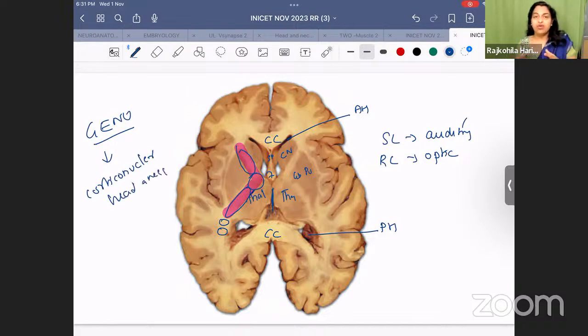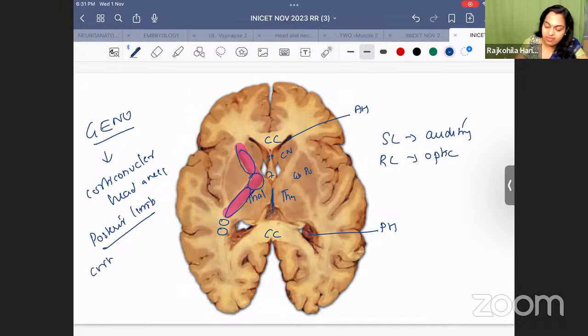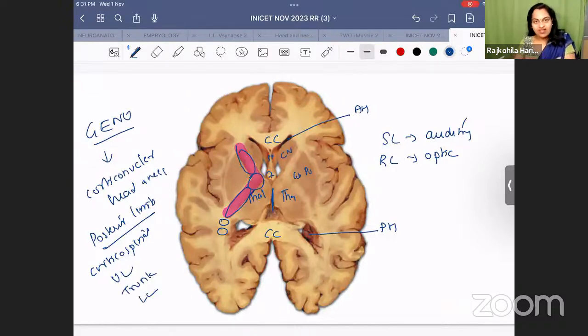So any lesion of the genu causes paralysis of the muscles of the face, head and neck. And the posterior limb is much more important. It has the pyramidal and extrapyramidal fibers, the corticospinal fibers for the rest of the body, upper limb, trunk, and lower limb. We'll discuss and come back to the question again.